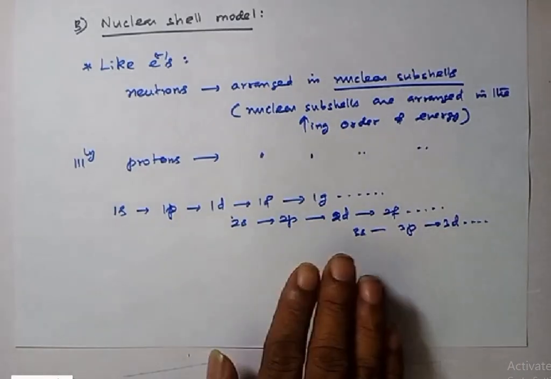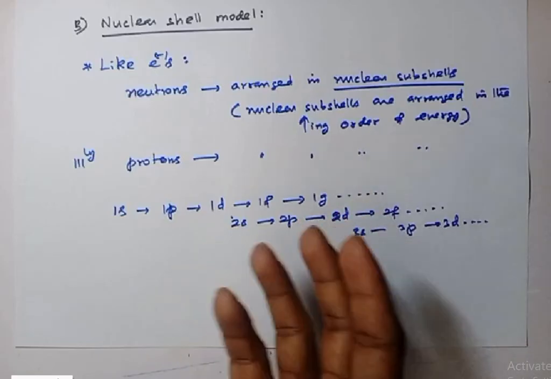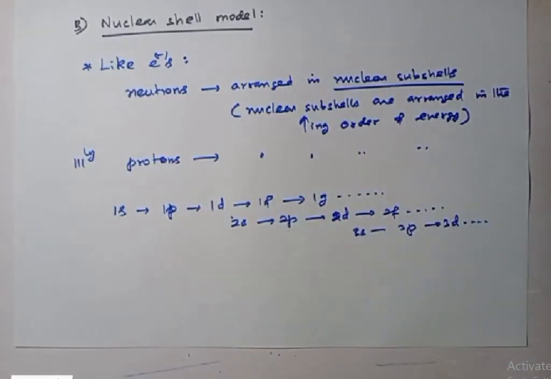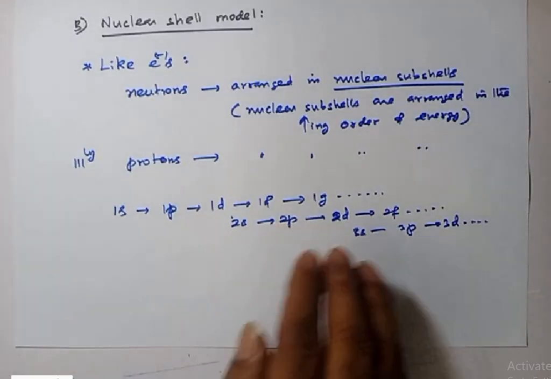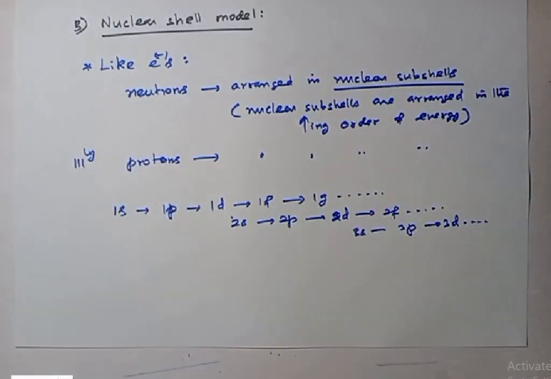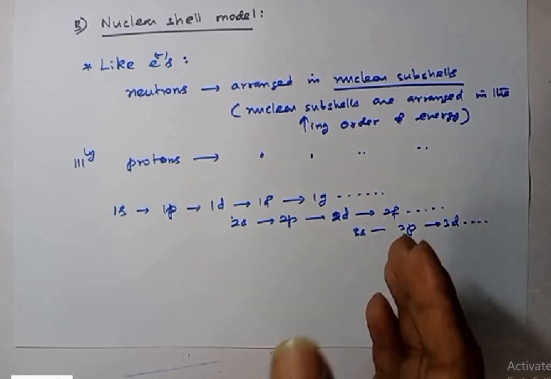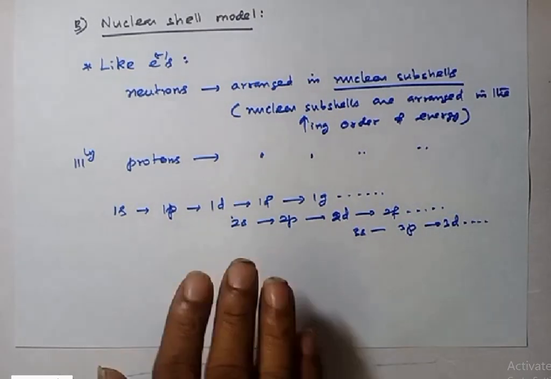Carefully, here I have given what the subshells available are. Now I am going to show you how these subshells are arranged in the increasing order of energy, right? Without LS coupling and with LS coupling, I will show both.